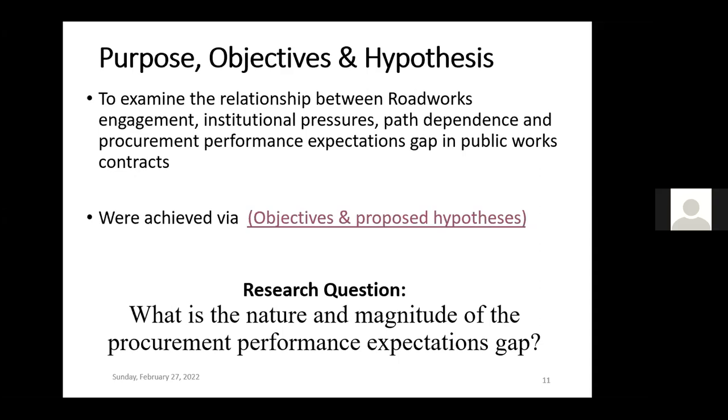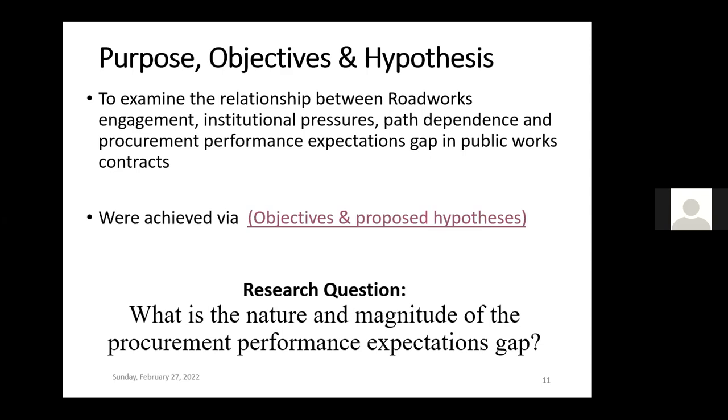So one of the research objectives is to investigate the nature of public procurement performance expectation gaps, since we are borrowing this concept from auditing and marketing, and we are trying to replicate it to public procurement. So we set out to understand really what is this performance expectation gap that is also cutting across the fields from auditing and accounting to now procurement.